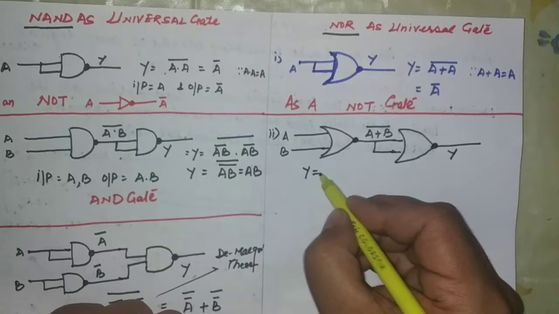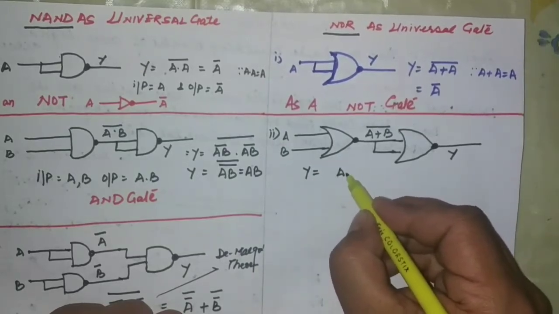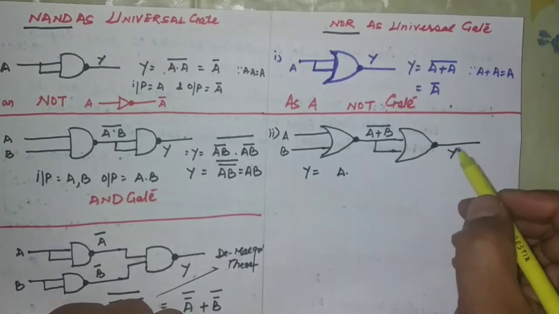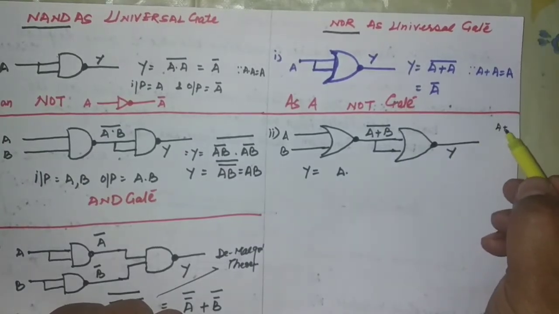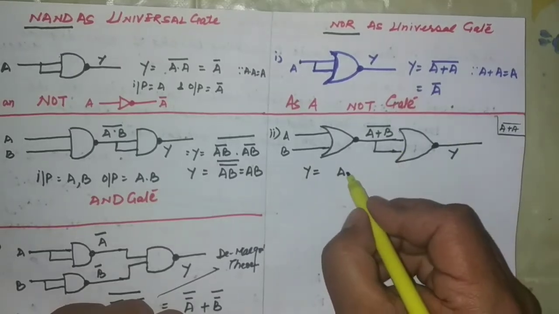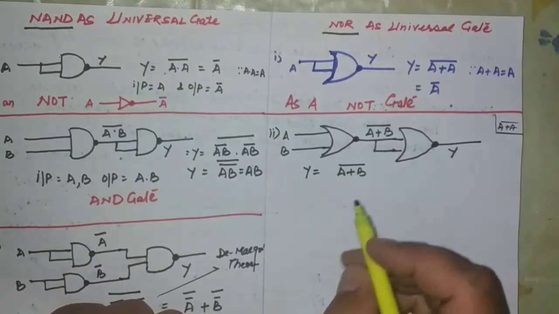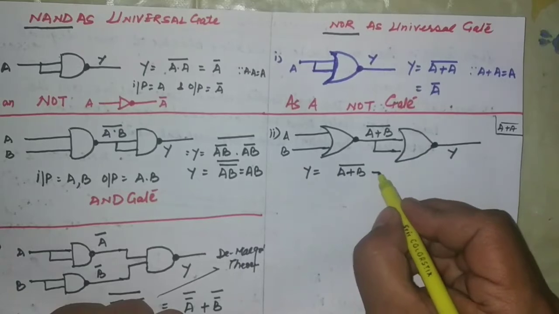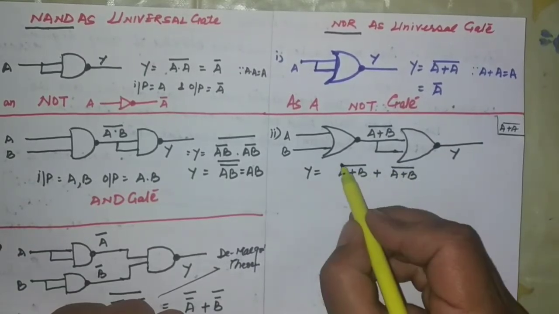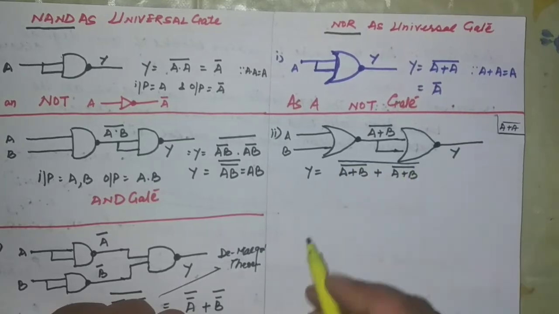So Y comes out to be, consider it as one entity, say for example A. So the result will be A plus A complement, but here A is equal to A plus B. Again A plus B complement, complete complement.